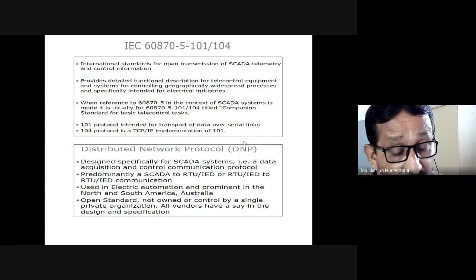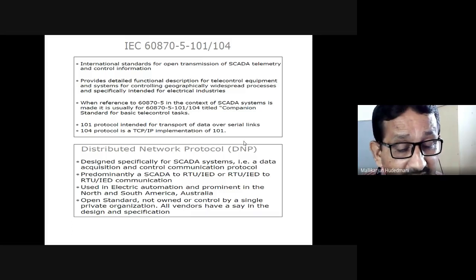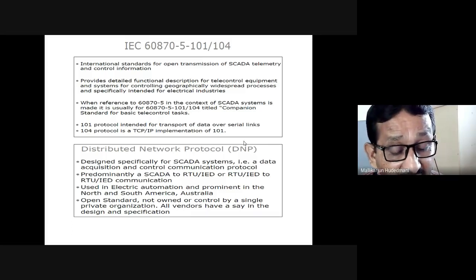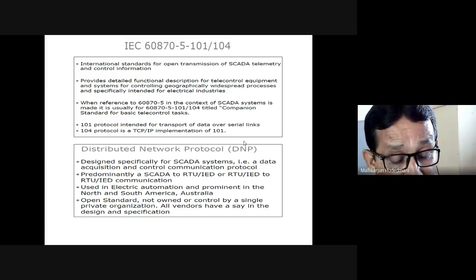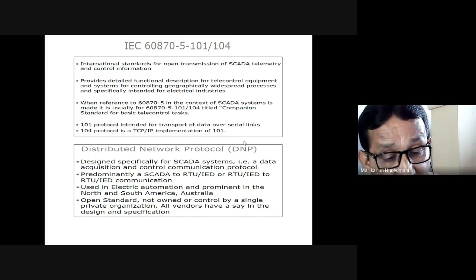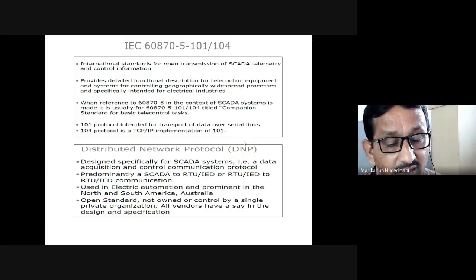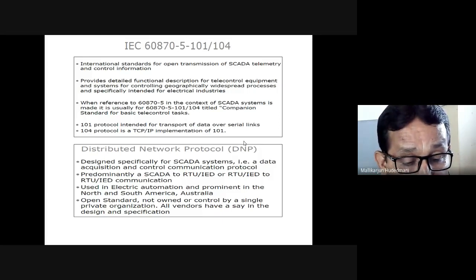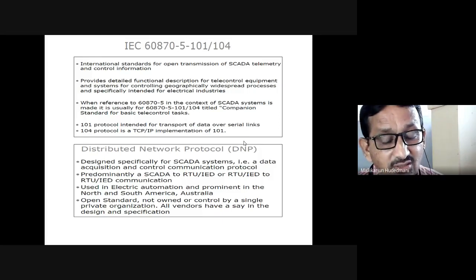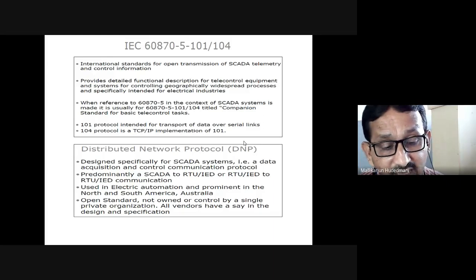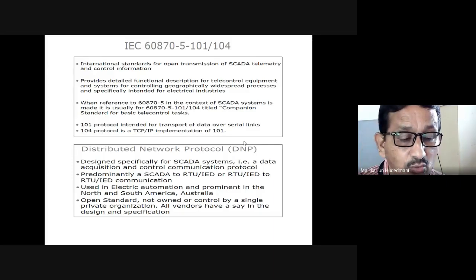Those components are intelligent electronic devices. They are the interfaces between the physical component and electronic conversion. That communication with the RTU among peers should be Distributed Network Protocol based exchange of data. This communication has to be there. You can imagine this kind of communication between devices like RTU and IED, or the other way also.